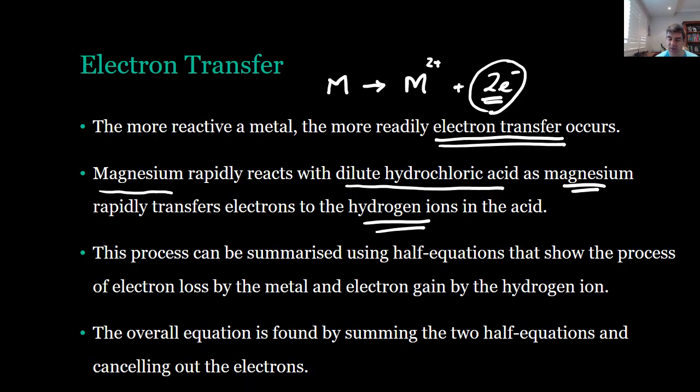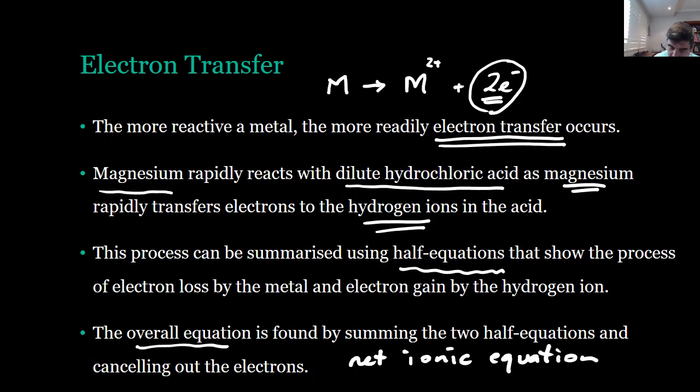We can show these processes using what we call half equations. This shows which species is gaining electrons and which species is losing electrons. When we put these two together, we get an overall equation, or a net ionic equation, made up from the two half equations.